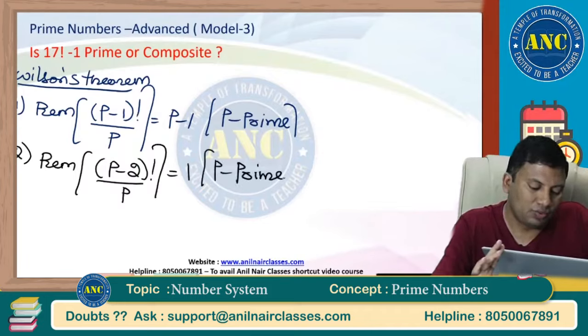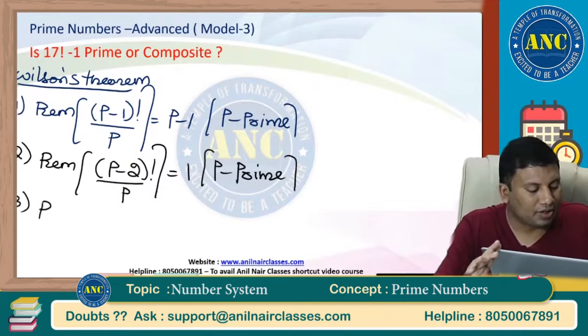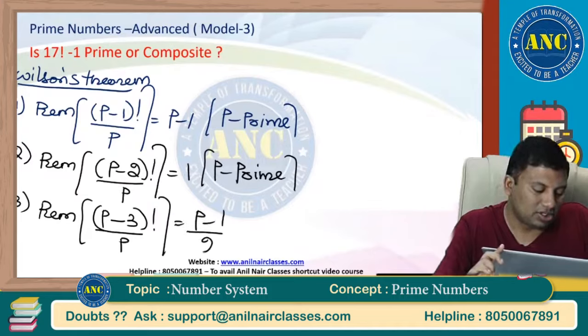Third one, remainder when p minus 3 factorial is divided by p, it is nothing but p minus 1 by 2.